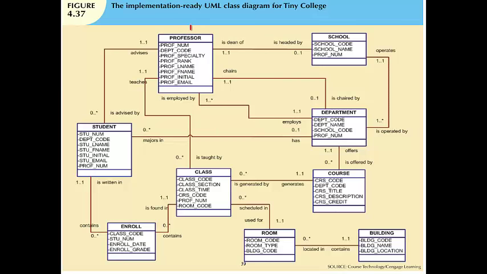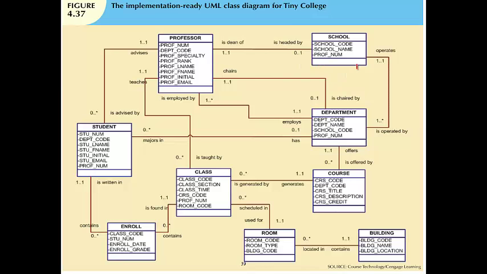Here we have professor, and we see a relationship where professor is dean of 0, 1, or many schools, because not all professors are going to be a dean. Only one out of many, over 100. So a school is headed by one and only one professor, who is the dean.